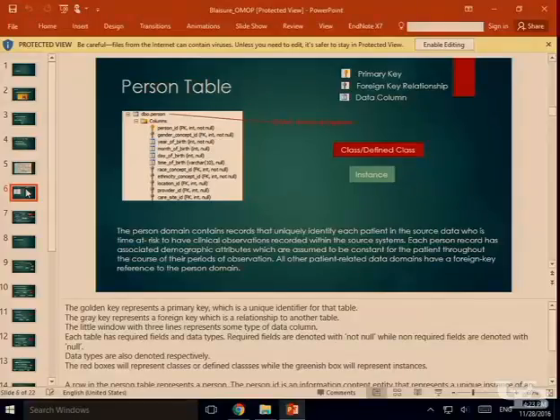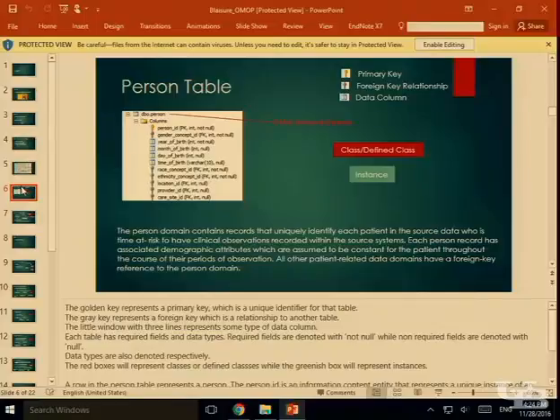The information beside them denotes whether it could be null or not null. In this case, person ID, gender concept, and year of birth all cannot be null. They have to be provided in the database or it will not let you put this row in. And also race concept and ethnicity concept are not null.